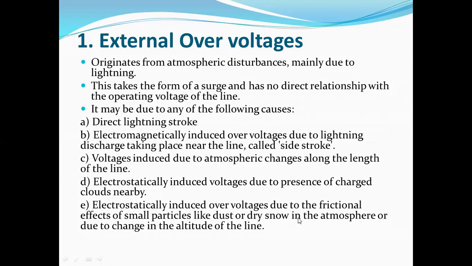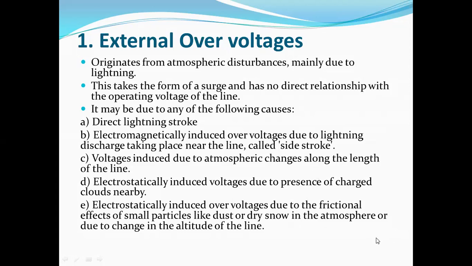But when some frictional effects are there due to small particles like dust or dry snow in the atmosphere, or due to the change in the altitude of the line, the insulation breaks and there may be friction, so again there will be over voltages, and these are the electrostatically induced over voltages. So these all are the external causes which are causing the over voltages.